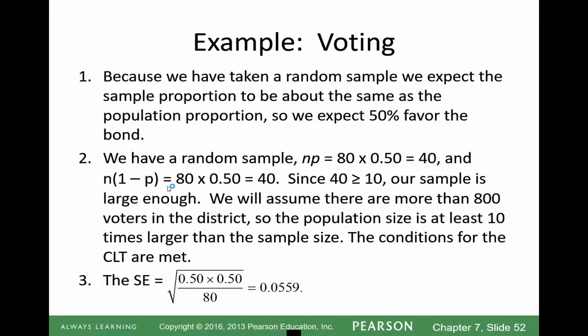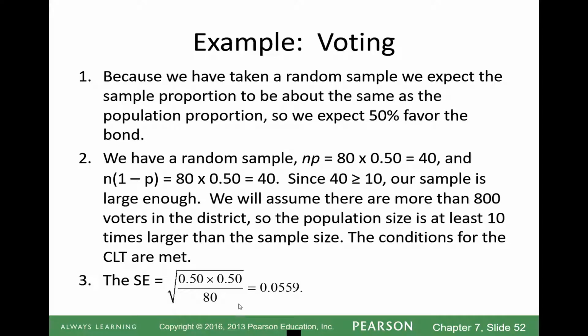And 1 minus p is going to be 40 as well, which is more than 10. The sample is large enough. We will assume that there are more than 800 voters in the district, so the population size is at least 10 times larger than the sample size. The conditions for the CLT are met.